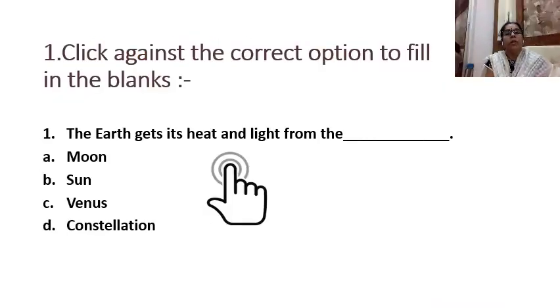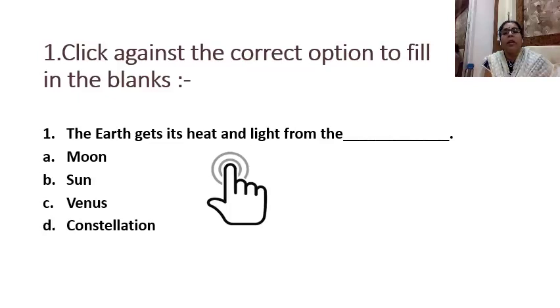Children, before we begin to solve the sample paper, I would like to give you some instructions. You have to be very calm. Don't lose your patience. Calm and patience are the key words you have to remember throughout the exams.